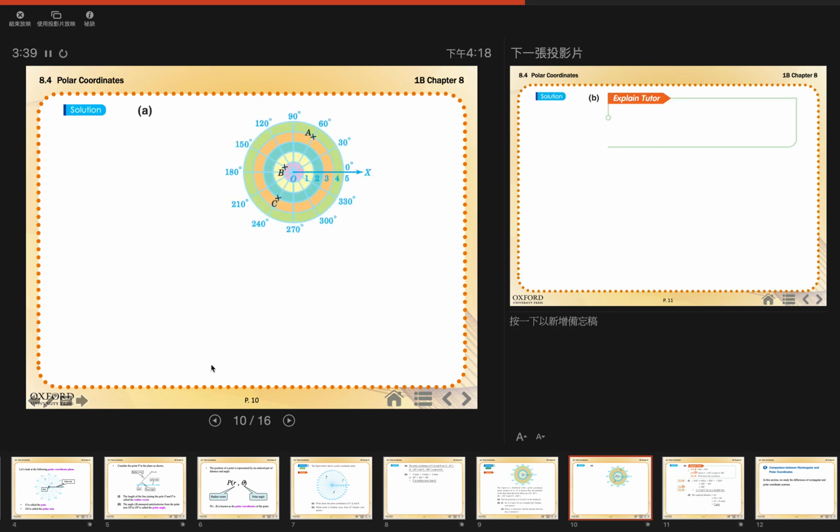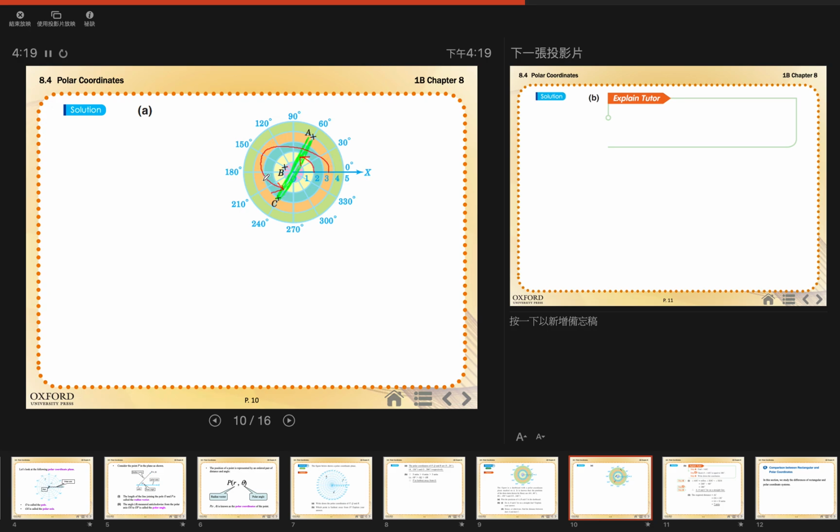Because we need to find the angle here, and to find this angle I may use the polar angle in the polar coordinate. I just need to use this angle XOC, but it should be the reflex angle XOC. Use the big angle and then minus the smaller angle, that means this part. Then you are calculating the size of angle AOC.